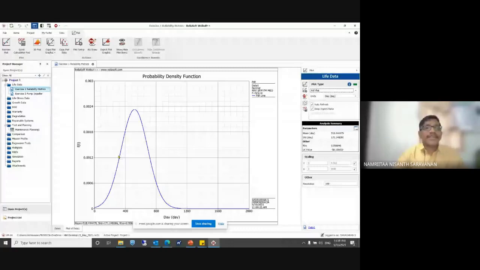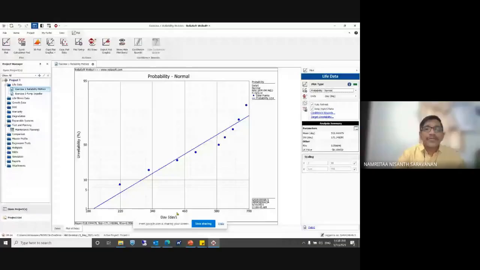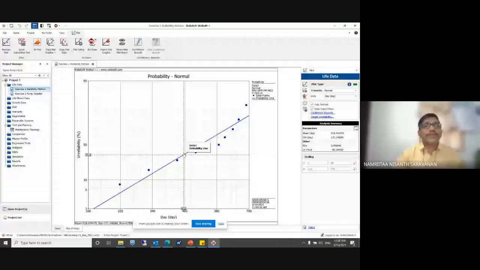If I ask for the reliability at 400 hours, I need to find the area under the curve in the region less than 400 hours. So it is tedious. As a simple alternative, I can pick this curve. What is the chance of failure at 400 hours? If I place my cursor at 400 hours, it is a 24% chance.